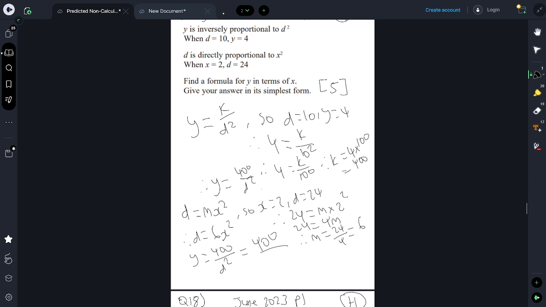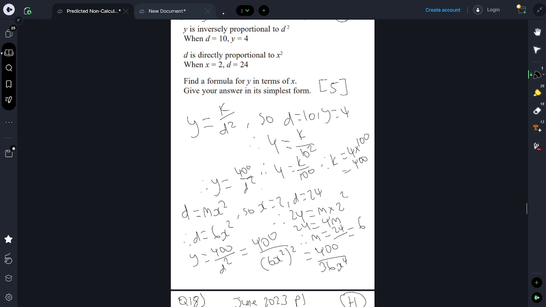So 400 over d squared, well, d is 6x squared, so d squared is 6x squared all squared, which is 400 over 36, 6 squared is 36, x squared squared, that's x to the 4. If you remember this power law, a^m to the n, you times the powers, which you've got here. 2 times 2 is 4. Okay, that's y in terms of x now.